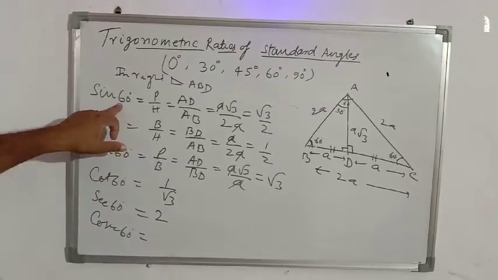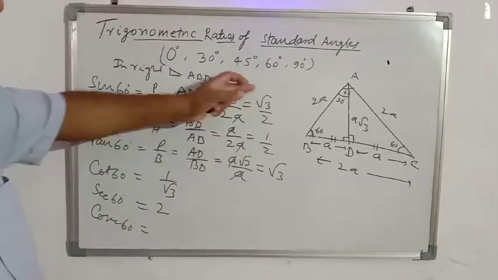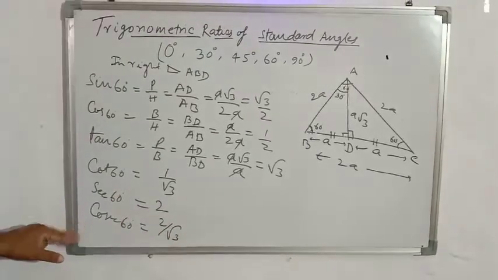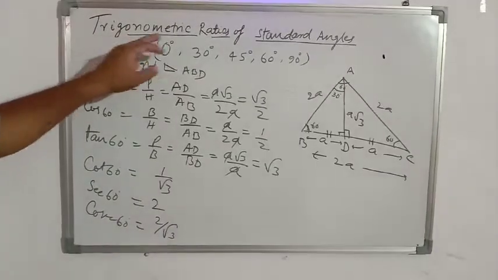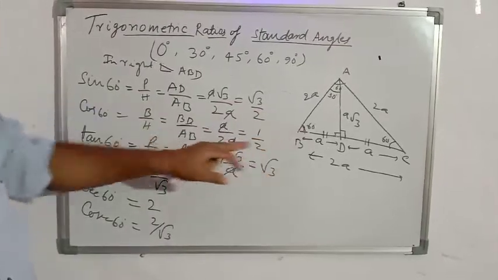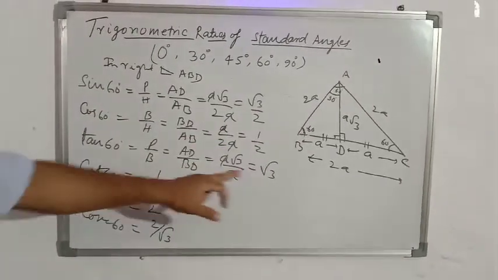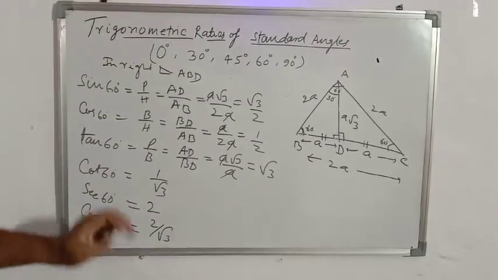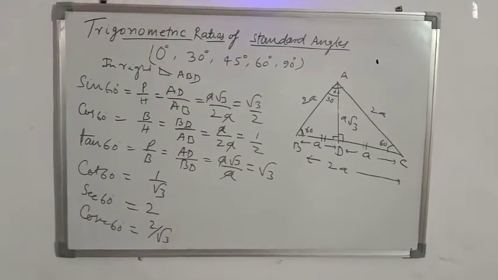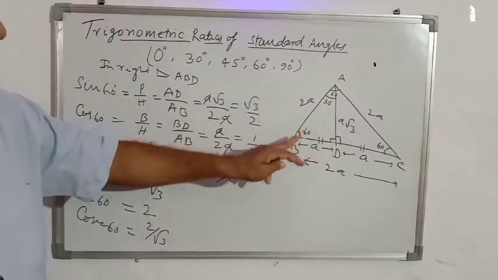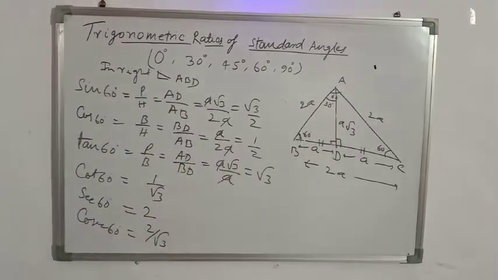Taking the reciprocal, it will be 2 by root 3. So the trigonometrical ratios for the angle 60 degree we have found here: sine 60, cos 60, tan 60, cot, sec and cosec. Similarly, we can find the trigonometrical ratios for 30 degree in the same right angle triangle ABD.